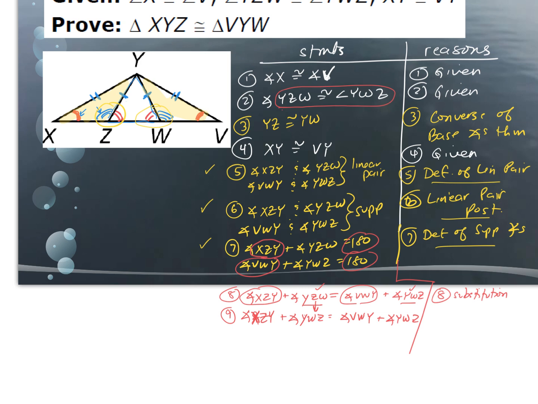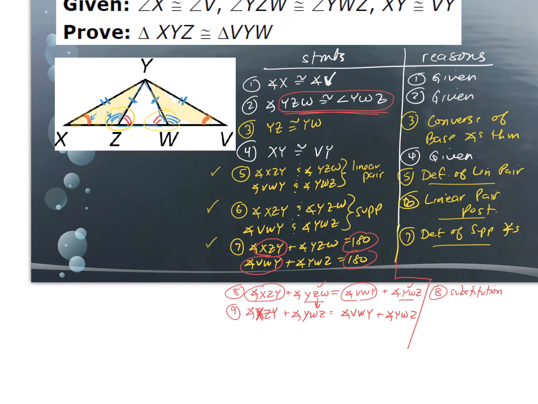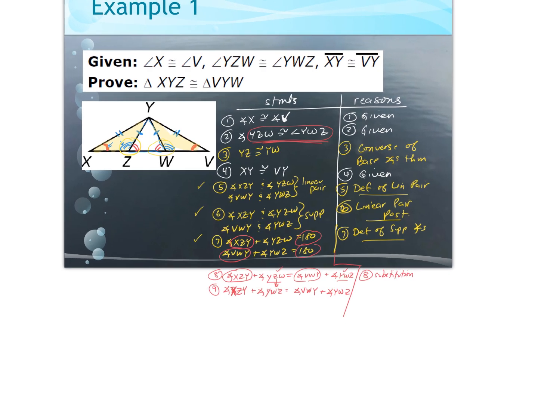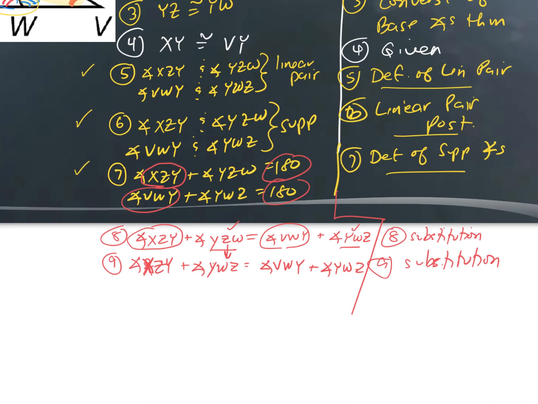And again, I know that I can because I've already told you up here in the proof that they're equal or congruent. They were actually given to me as being congruent. So again, this is a substitution. And then now, because I have the same thing on both sides, I know that I can just be left with XZY equals angle VWY.